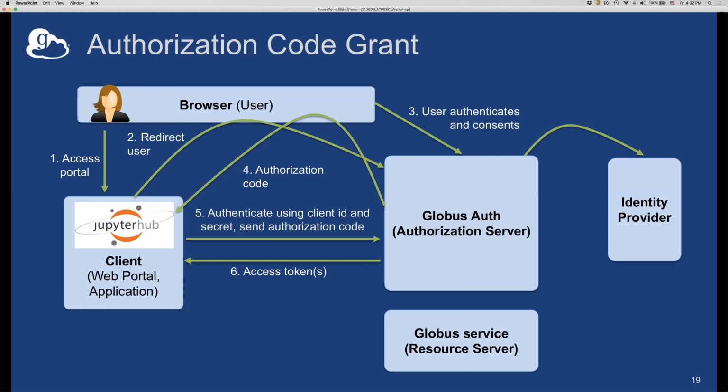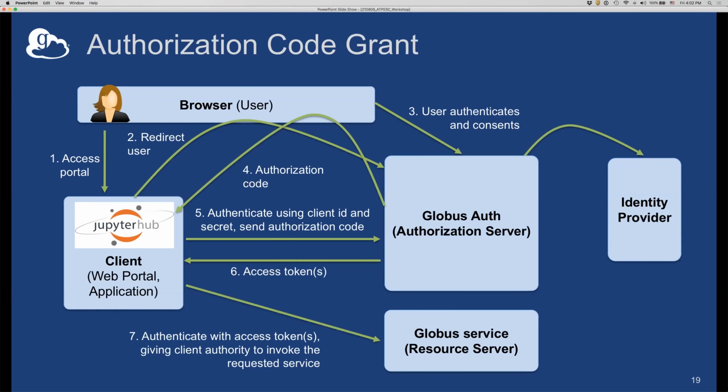It's an opaque token that it can turn around and use to call one or more services on the Globus platform or on other applications that use Globus Auth. And it can call services and take action on those services, again, based on the access scopes that were requested, and obviously assuming the user consented to Globus accessing those scopes.